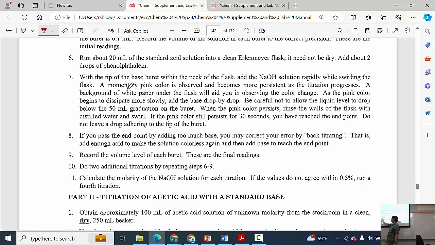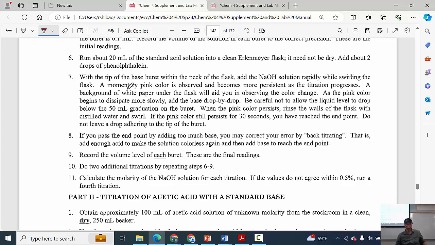The other way we're going to tell if we're doing a good job is number 11. Number 11 is this. We're going to calculate the molarity of NaOH for each solution. If the values do not agree within 0.5%, run the fourth titration. We're not going to do that yet.